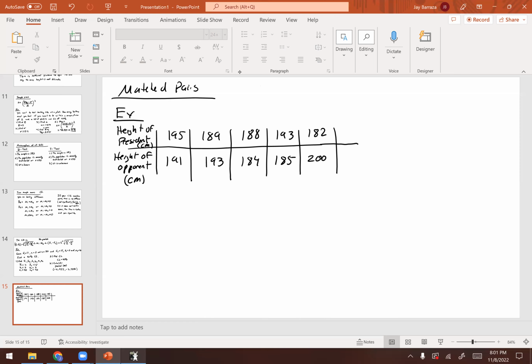So here, what we want to know is, does height matter, right? So the question is, does the height difference matter?